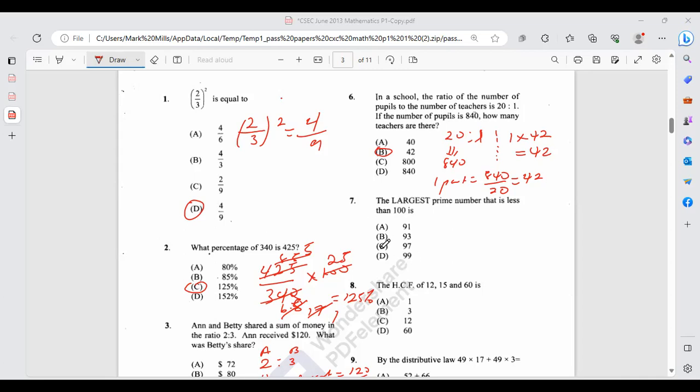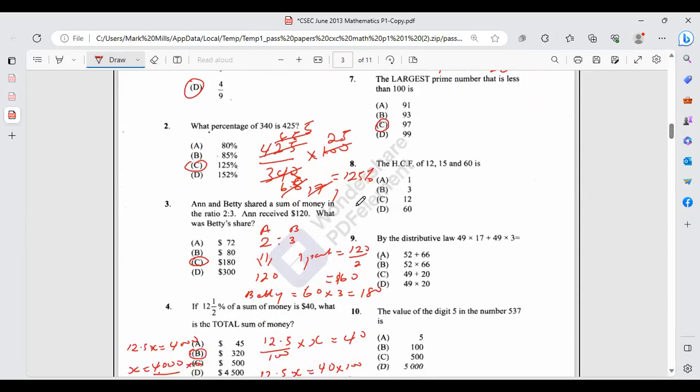Good. Number 8. HCF of 12, 15, and 60. What's the highest common factor here? Sir, 3.